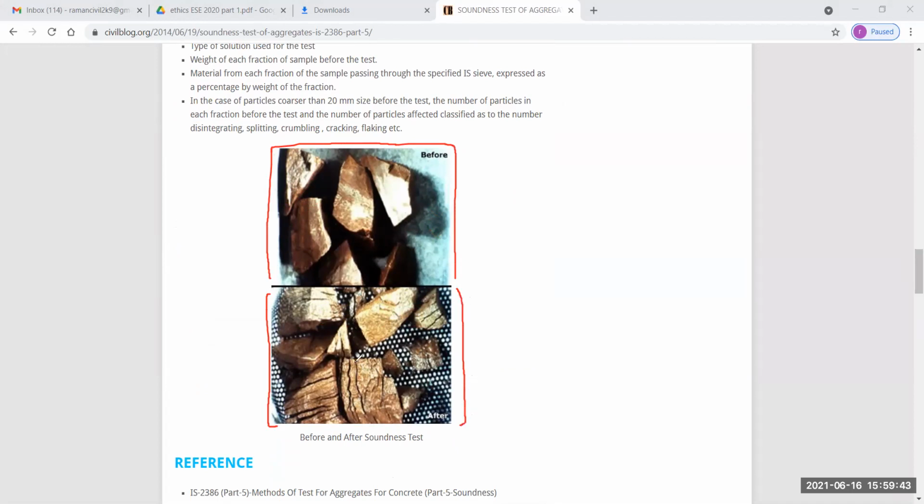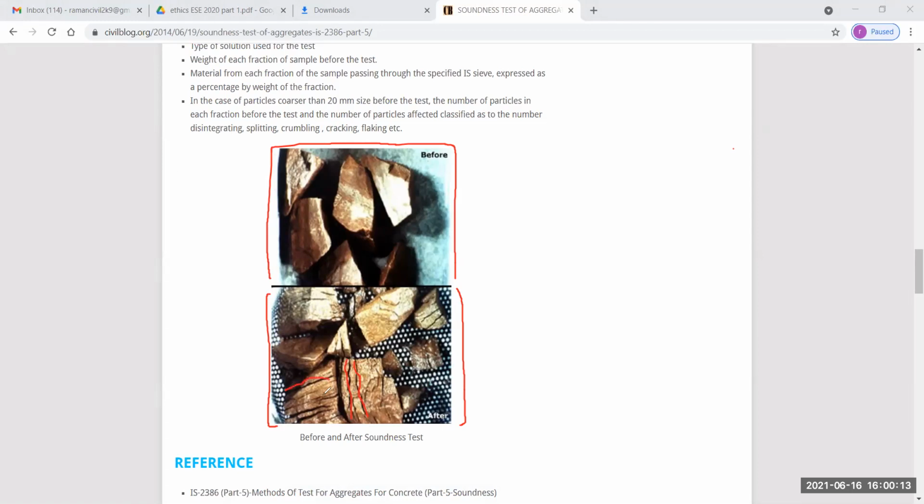here your aggregate got cracked, here also your aggregate got cracked, here your aggregates get cracked.